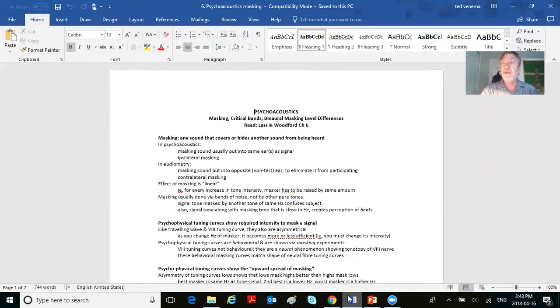Now we're talking about the upward spread of masking. And why should this be a topic of concern to anyone? Because the biggest complaint with hearing aids is background noise. Ask anyone who wears hearing aids. What are the most important sounds you want to hear with the hearing aid? Speech. And what parts of speech are the softest and hardest to hear? The consonants, which are high frequencies. Now, what's background noise? Mostly low frequency.